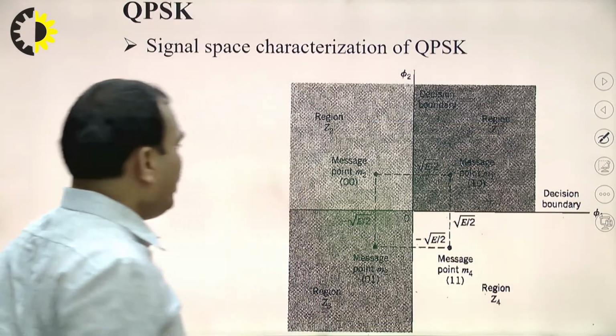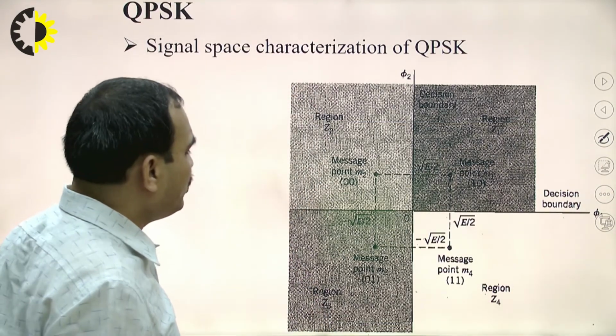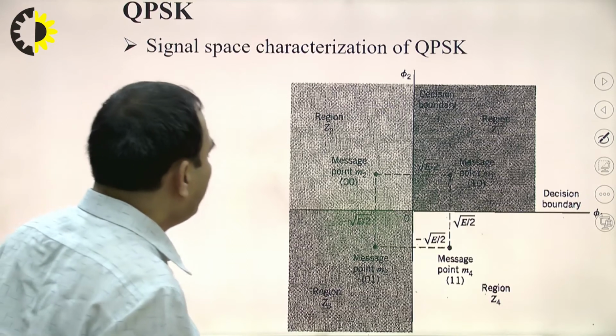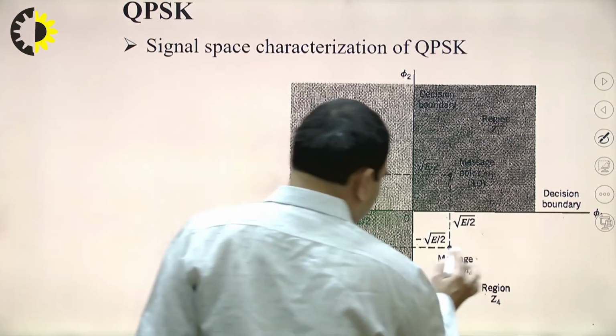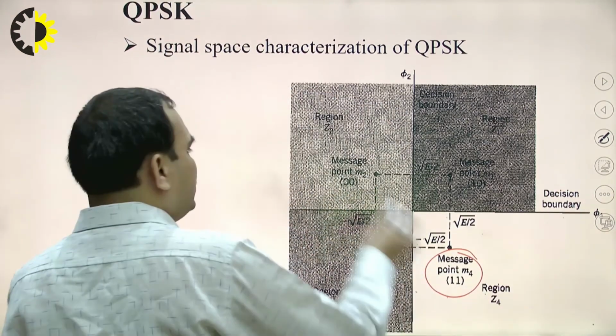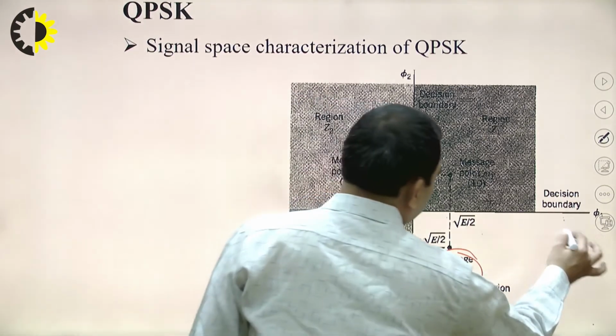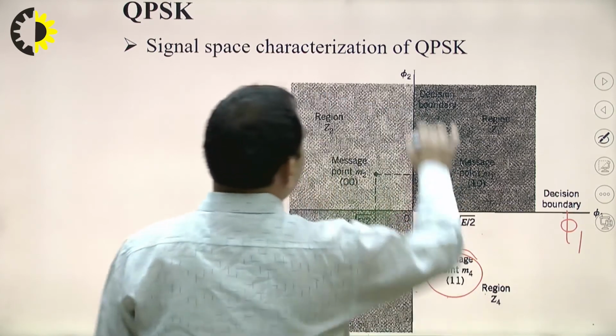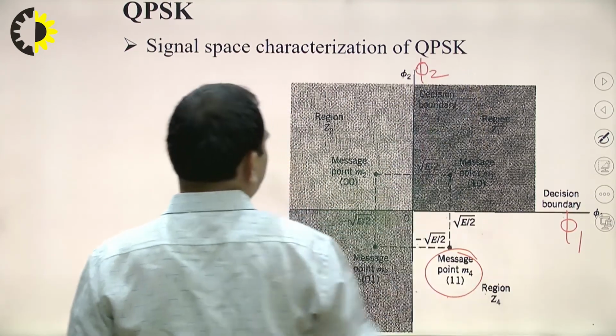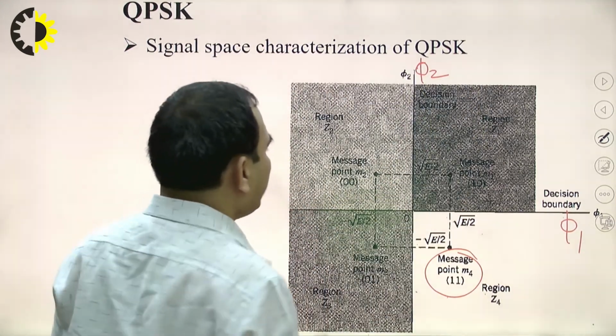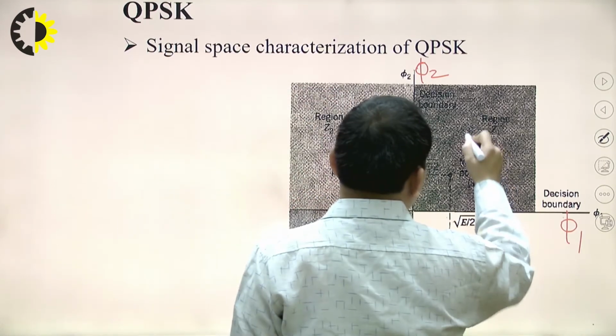So the same we have done here. It is showing the 4 message points. Even these message points can be rotated in a signal space diagram. Here on the x-axis we have phi 1, and the second basis function is phi 2, and the 4 message points are m equals 1, which we are writing here as 10.